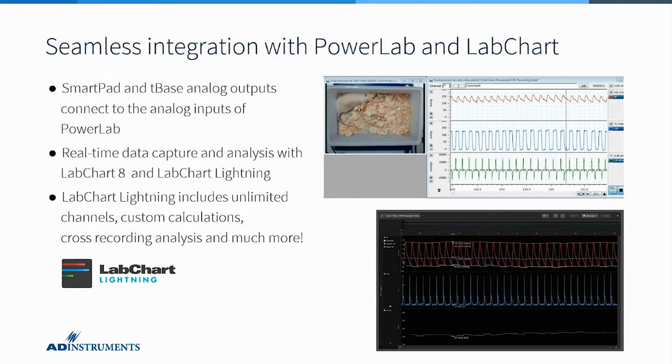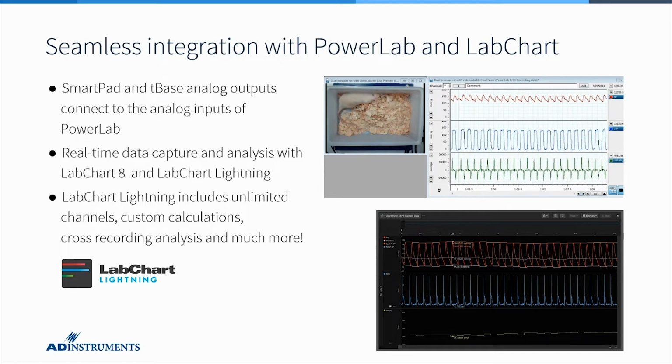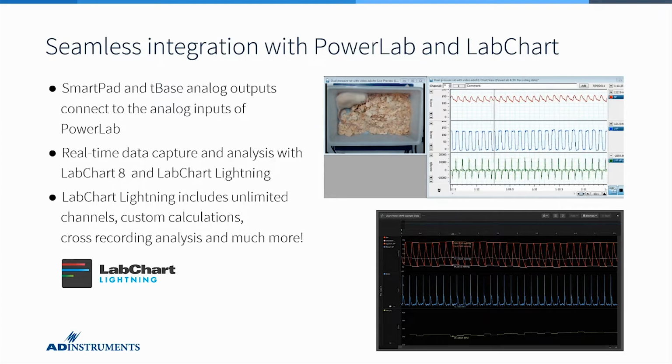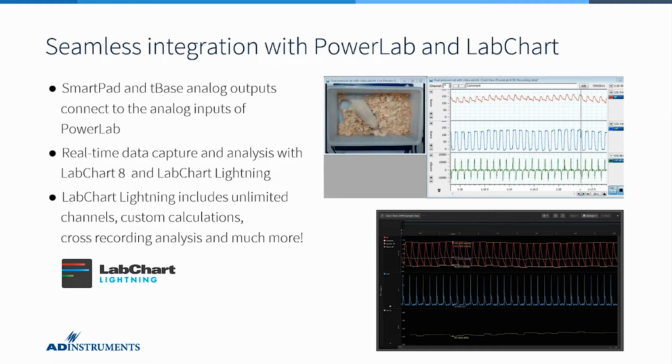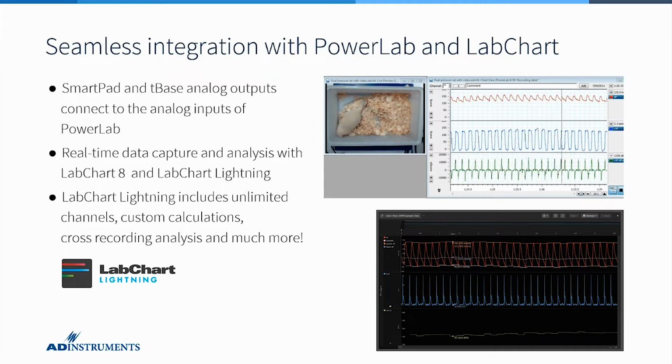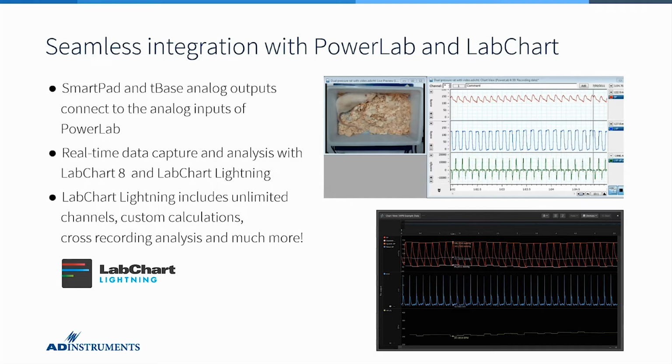Data acquisition is provided by the PowerLab data acquisition hardware and LabChart software from ADInstruments. And there's really seamless integration with this data acquisition system. The SmartPad and T-Base analog outputs connect to the analog inputs of the PowerLab, and you can perform real-time data capture and analysis with LabChart 8 and LabChart Lightning.